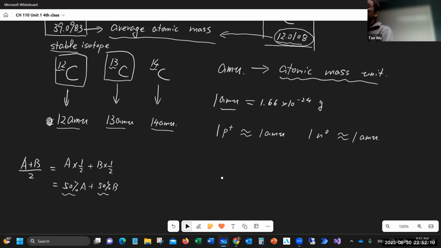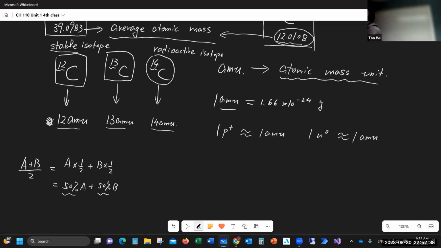But carbon 14 is different. Carbon 14 is a radioactive isotope. In other words, this isotope is changing, or disappearing, from carbon 14.